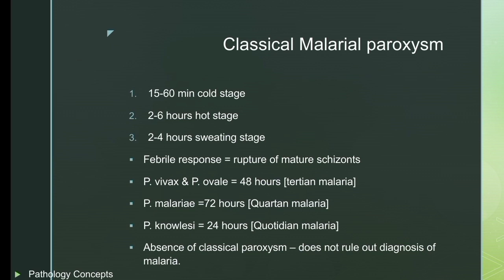In Plasmodium malariae, fever occurs every 72 hours, also called quartan malaria. Plasmodium falciparum shows no distinct periodicity. In Plasmodium knowlesi, fever occurs every 24 hours, also called the quotidian pattern.